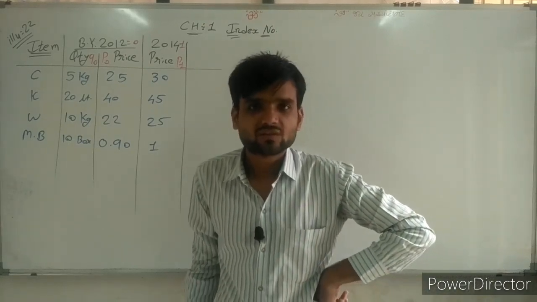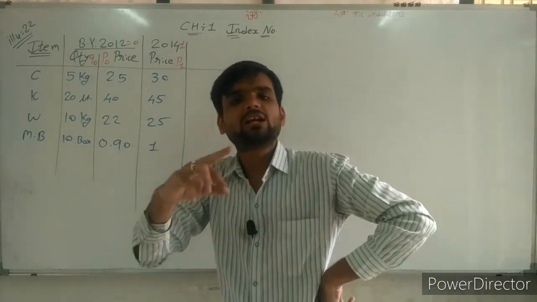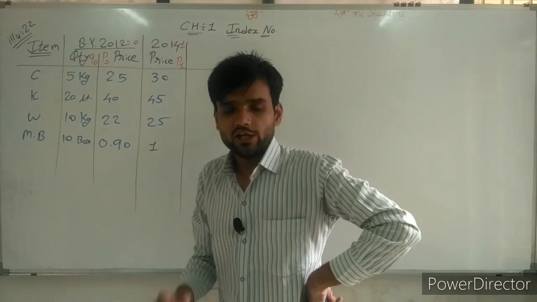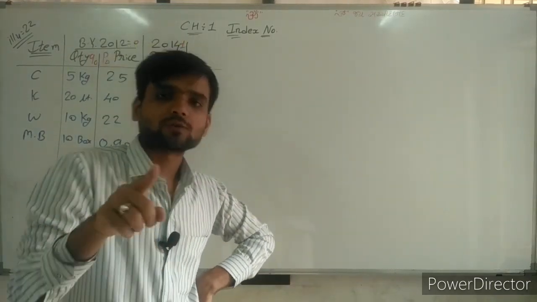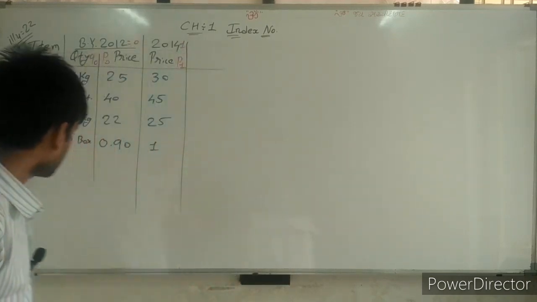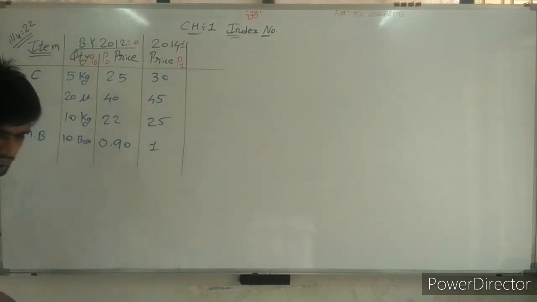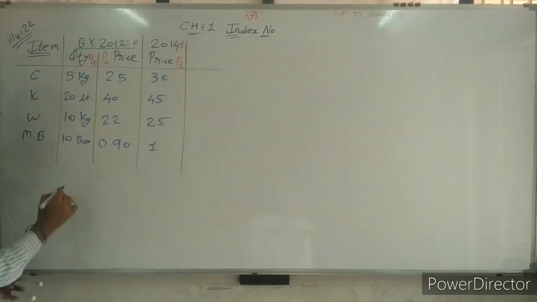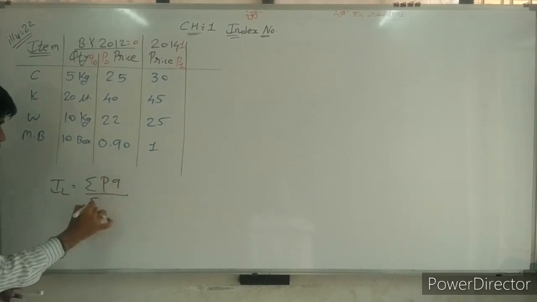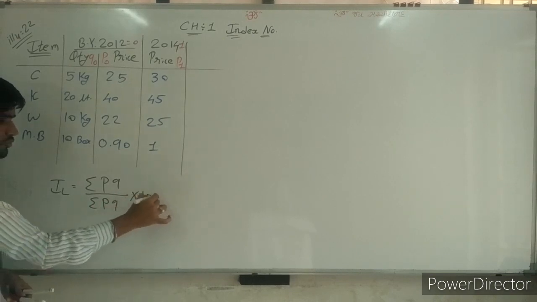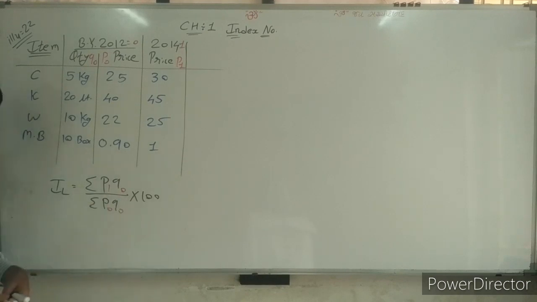So which is applicable? Think and apply that rule. If I want to find the index number of Laspeyres, then which is the formula? Writing here, formula of Laspeyres: sigma P1Q0 upon sigma P0Q0 into 100.